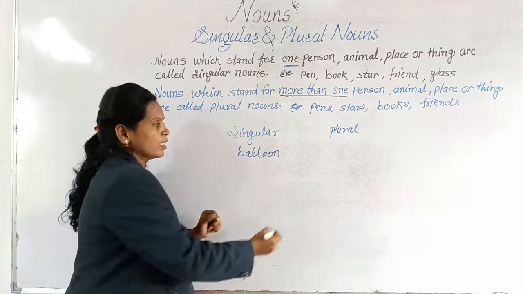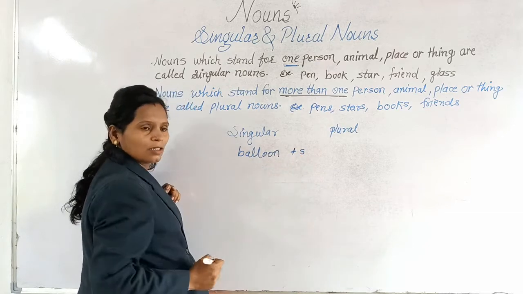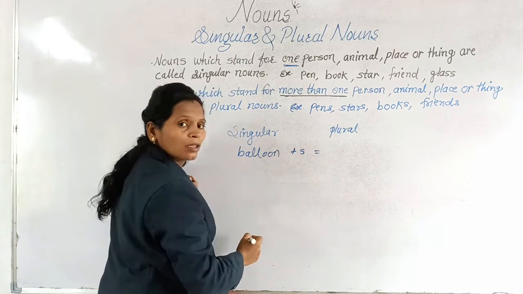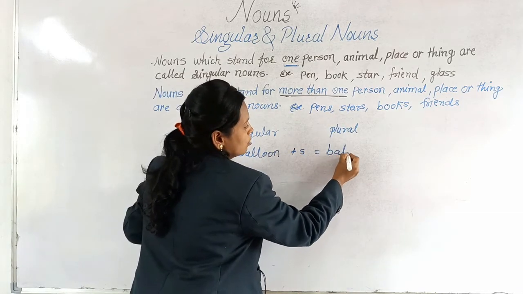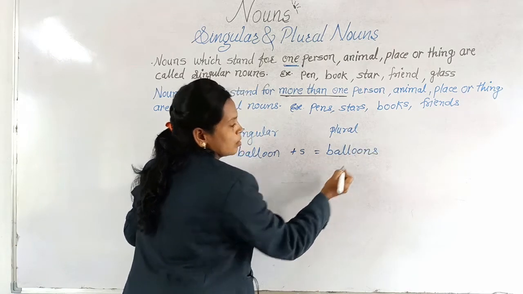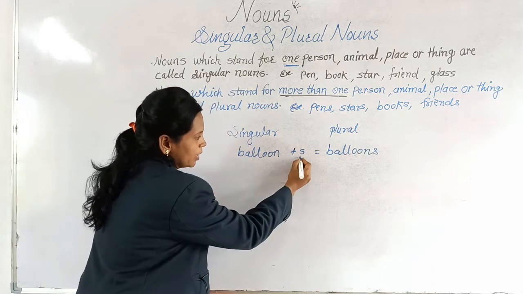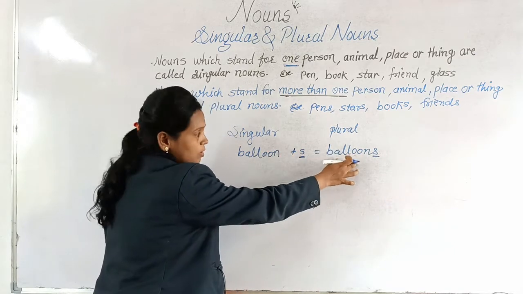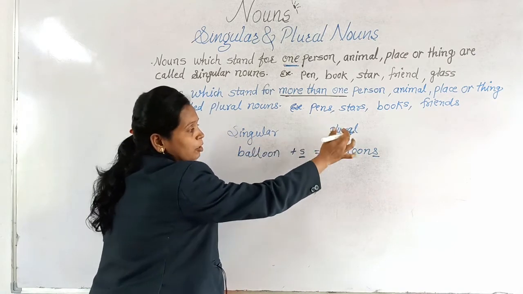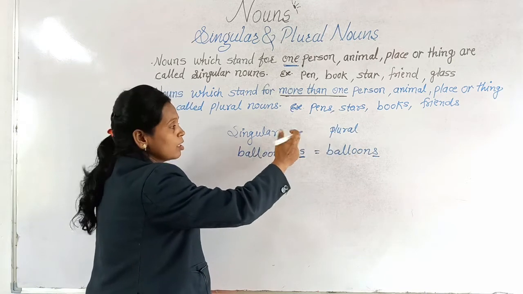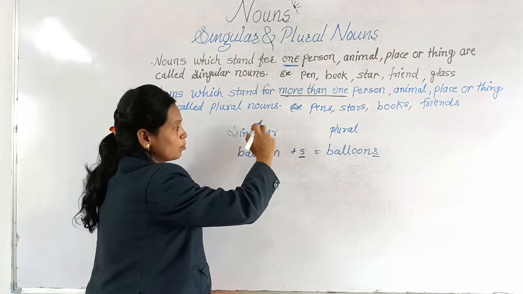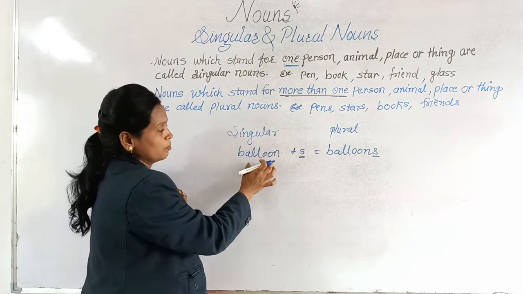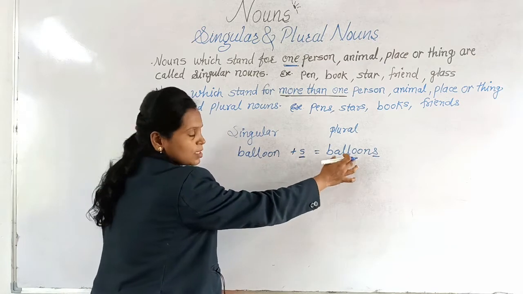Add s to make it plural: balloons. Understood? It is the s. Balloon plus s, balloons. Singular and then plural. How can you make the plural from the singular noun? Balloon plus s, balloons.